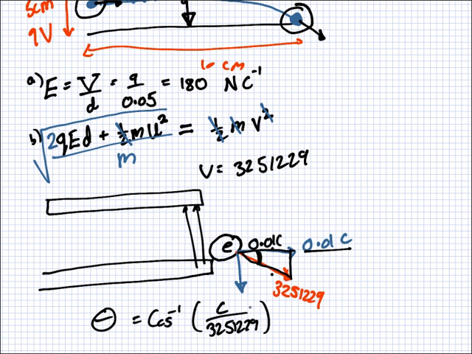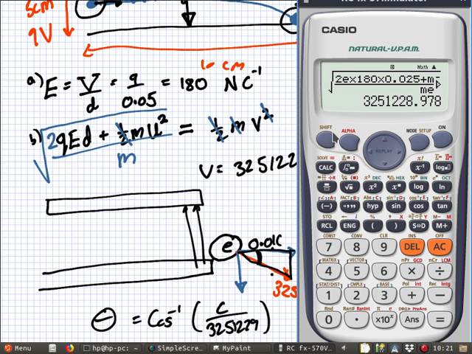So theta is cos inverse c over 3251229. So let me put that in on the calculator. Shift cos inverse, shift 7. What did you say C0 was? 28? Yeah, over my answer. Math error. Maybe it can't handle the big numbers. Huh?